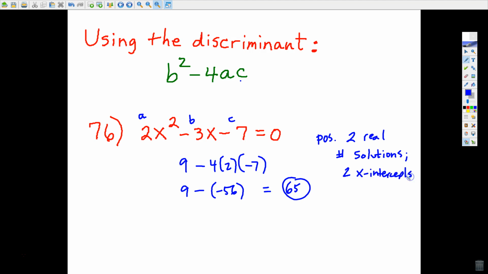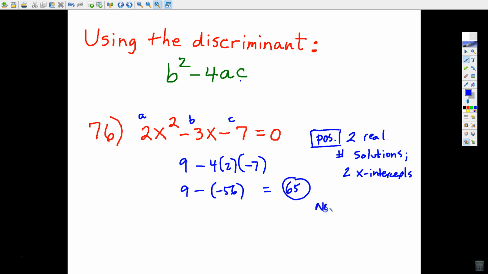In other words, our graph of this quadratic equation, of course, is going to be a parabola, and it's going to be a parabola that crosses the x-axis in two different places. All right, so that's how you're going to interpret the positive answer for the discriminant.